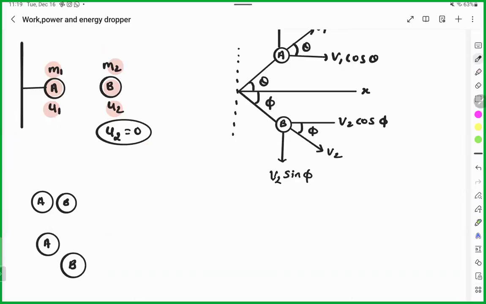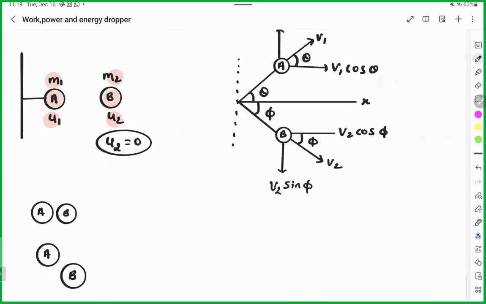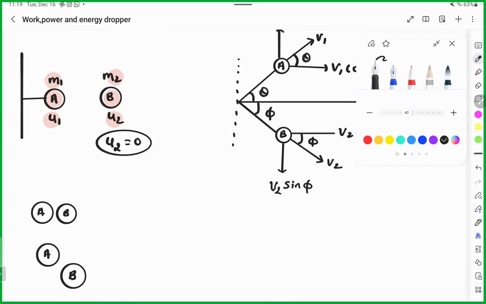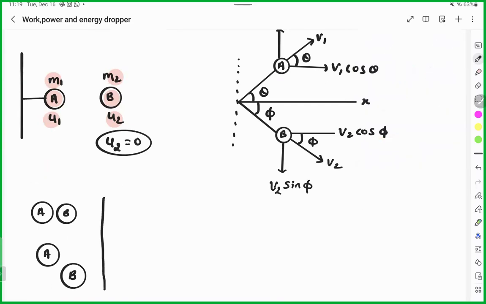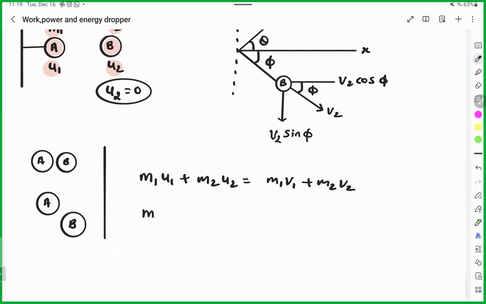If you understand this, again, I told you, the same basic principle applies: linear momentum conservation. So what will happen? u2 is 0. Can I formalize m1u1 + m2u2 = m1v1 + m2v2? Correct. m1 is m1, u1 is u1, u2 is 0.